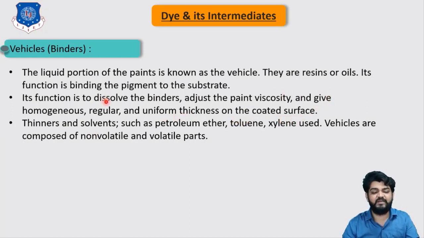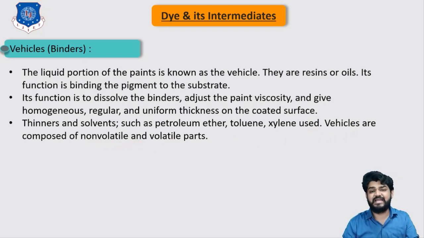So this is its main function: to blend, to adjust the viscosity and to give a regular thickness to our paints. Thinners and solvents such as petroleum ether, toluene and xylene are used for this purpose. Vehicles are composed of non-volatile materials and oil.